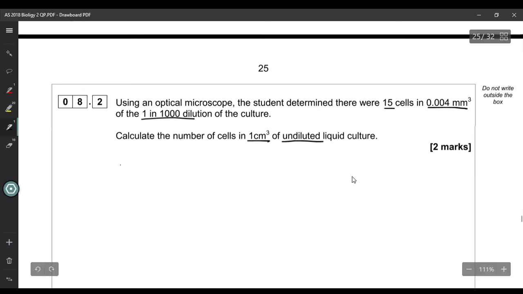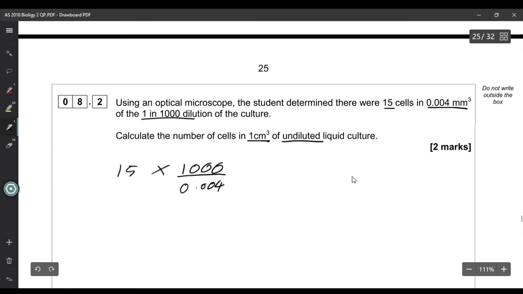So the way we do that is 15 cells times 1,000, which is because there's 1,000 cubic millimeters in a cubic centimetre, divided by the volume that we're actually using. In this case it was 0.004.